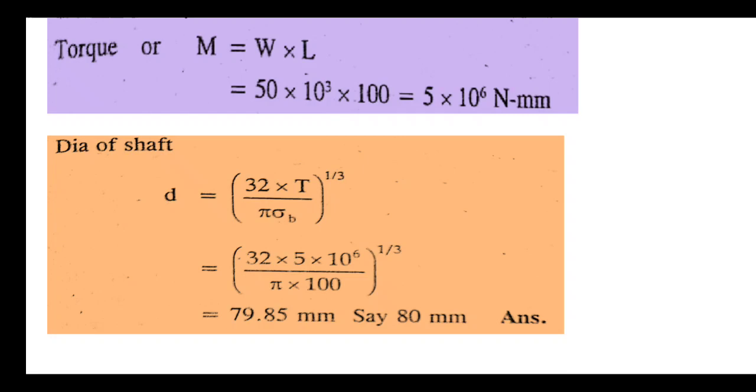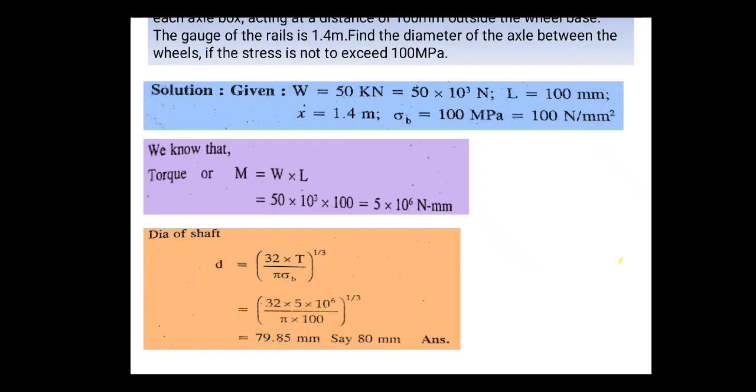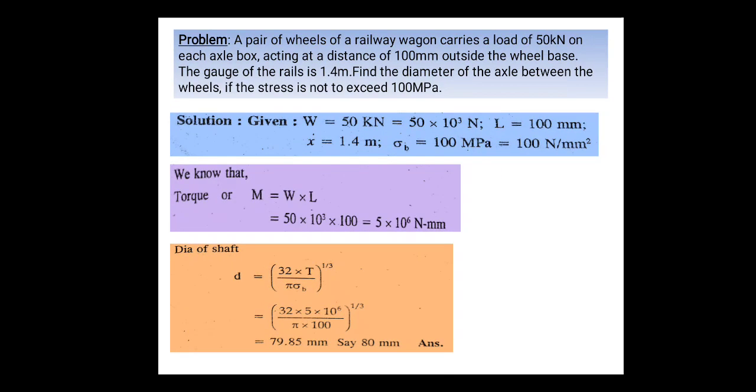Substitute all the values in this formula. 32 into 5 into 10 raised to 6, that is T value, divided by pi and sigma b, that is 100, raised to 1 by 3, and finally we got the answer, that is 79.85. So you have to take the round figure, that is 80 mm. So the diameter of the axle between the wheels is 80 mm. Each wheel has the diameter 80 mm.